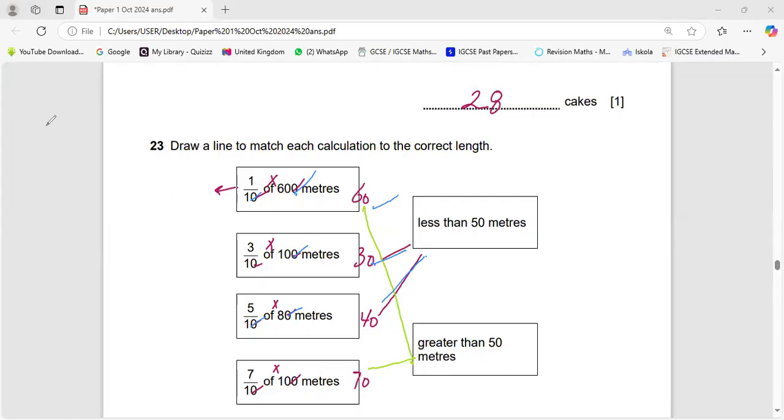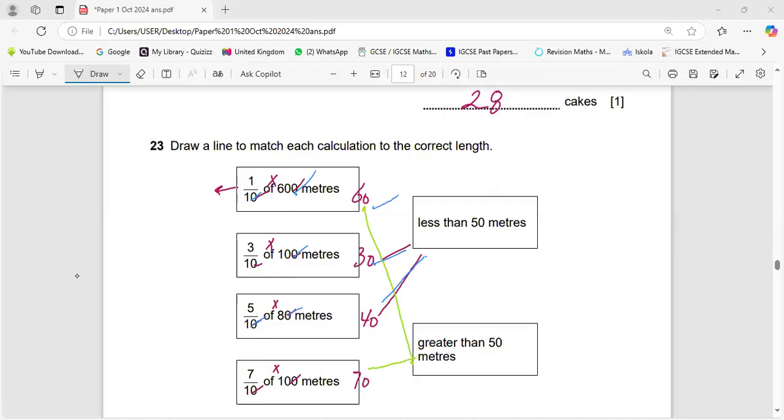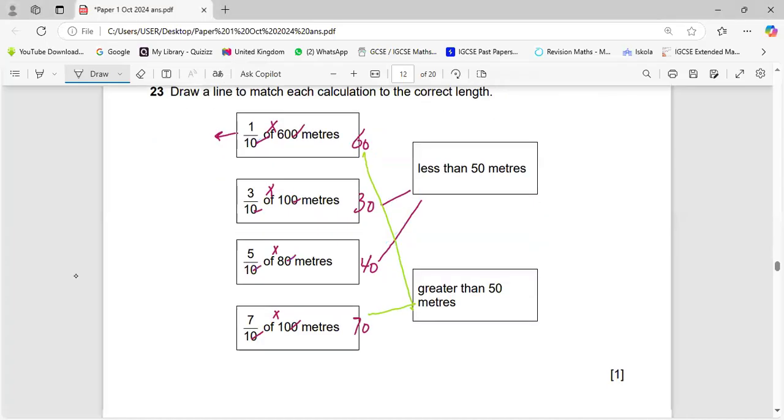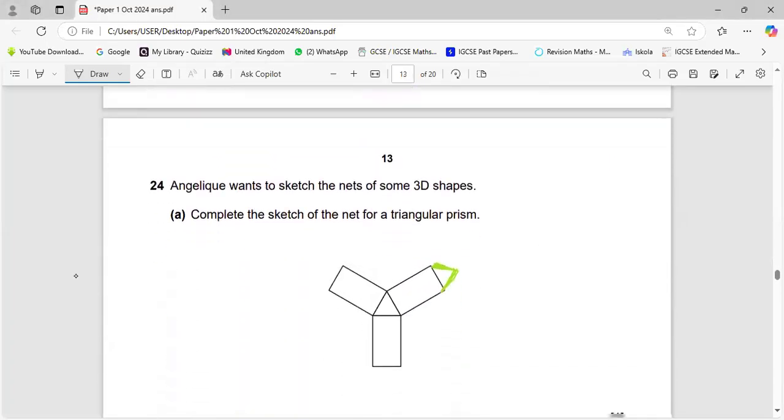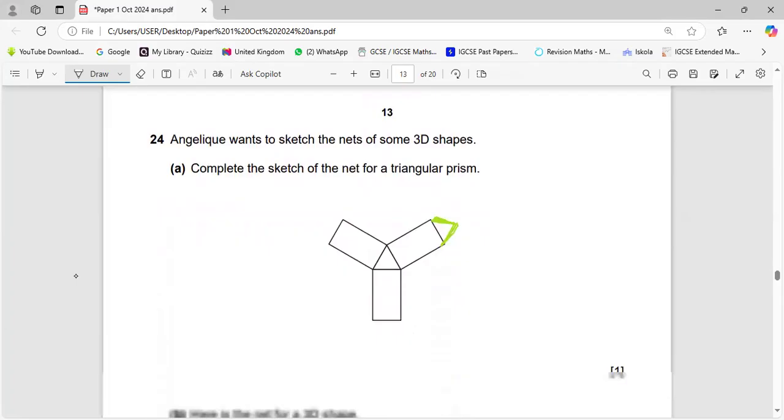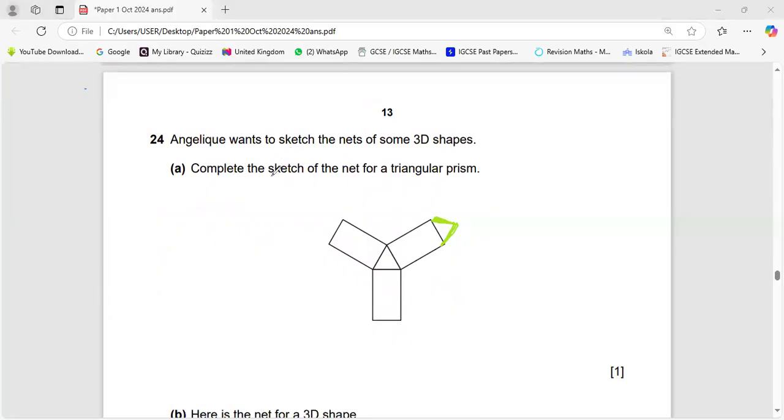The next question. Here is a little bit tricky. He wants us to sketch the net of some three-dimensional shape. Here is a shape, and complete the sketch of the net for the triangular prism. This is called a triangular prism. How to do it? Triangular prism means we have two pieces of triangle.